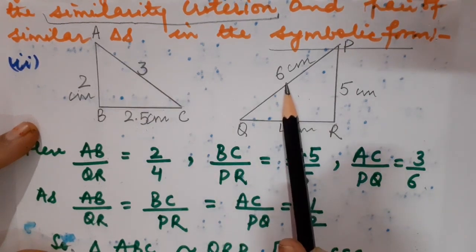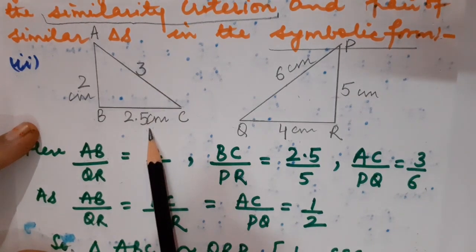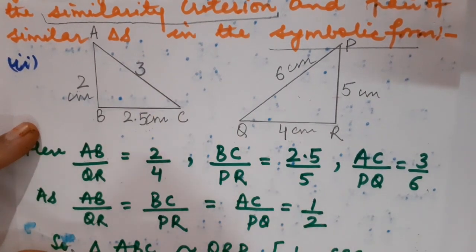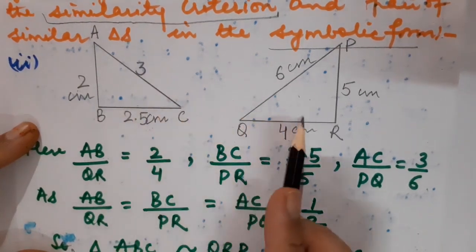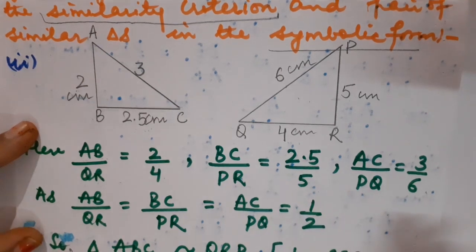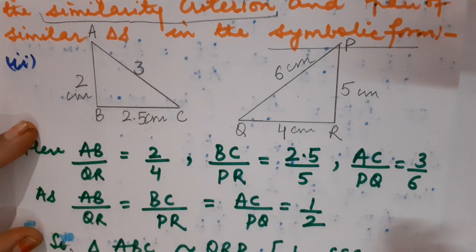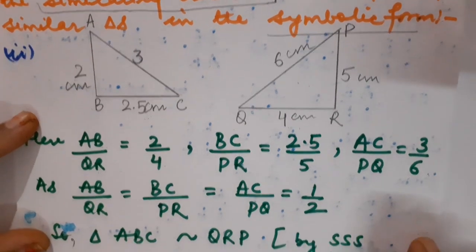That would become half. So 2 upon 5 is not equal to 2.5 upon 4 is not equal to 1 by 2. So how can I create the relation between these two triangles? So children, we will have to look for the suitable relation between the corresponding sides, because the correspondence relation can be created by us also. Okay.